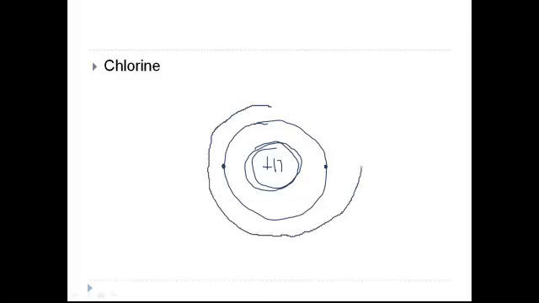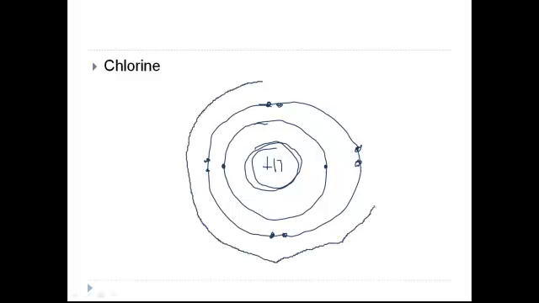Energy level 2 can have 8. Ugly little electrons. So that brings us to 10. So we have 7 more. And here they are. 1, 2, 3, 4, 5, 6, 7.